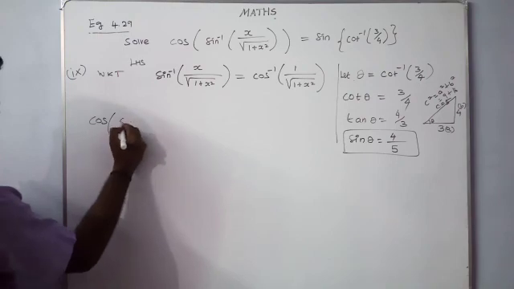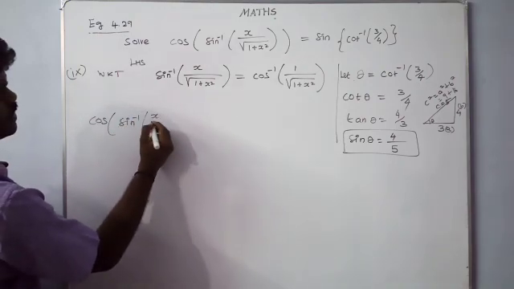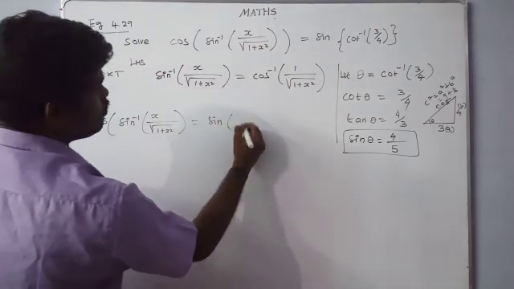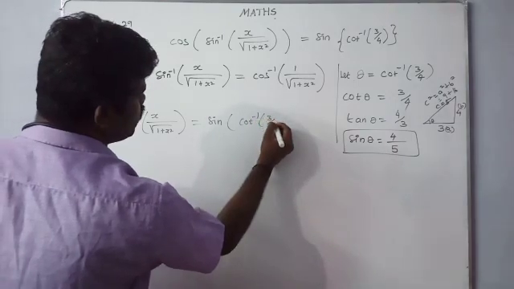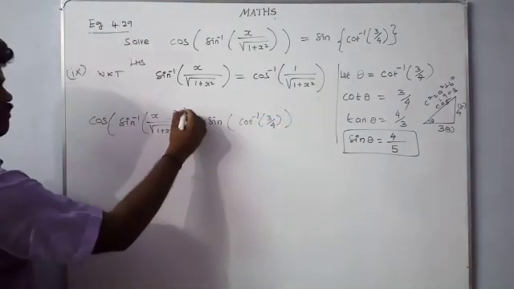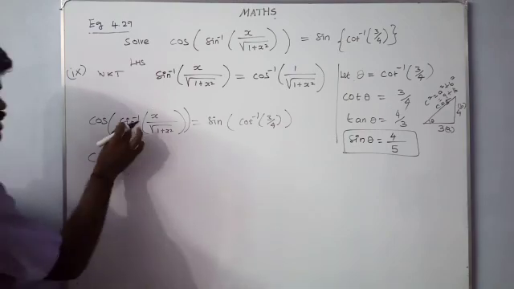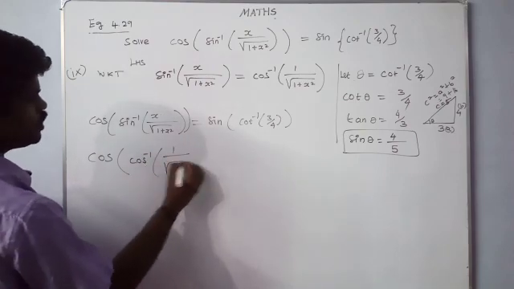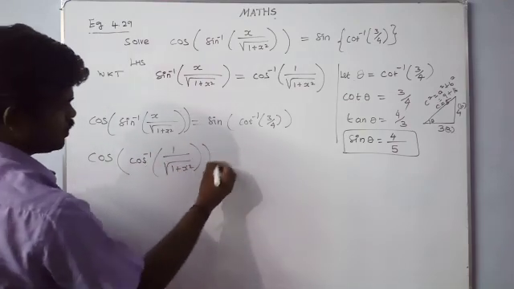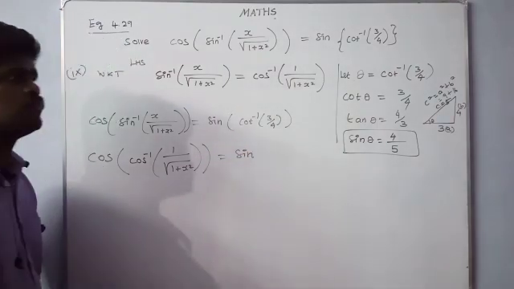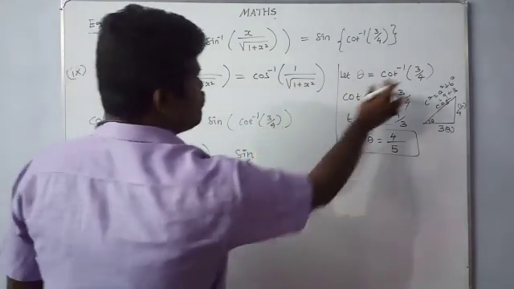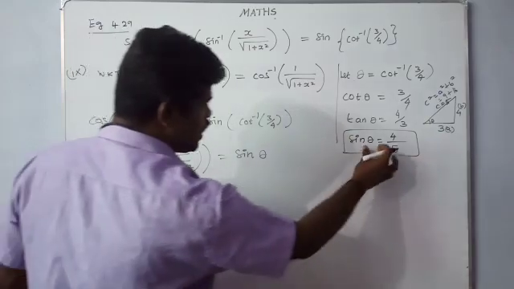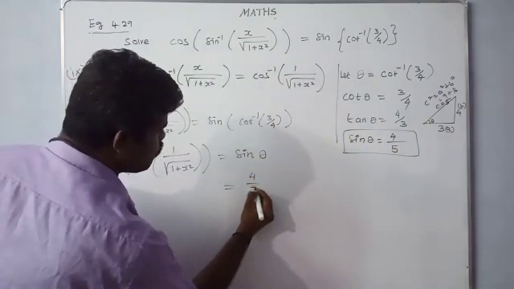Now we apply the sum. Cos of sin inverse of x divided by root of 1 plus x squared is equal to sin of cot inverse of 3 by 4. Now cos of the sin inverse value can be written as cos of cos inverse of 1 by root of 1 plus x squared, which is equal to sin of cot inverse 3 by 4, which can be written as sin theta, and the sin theta value is 4 by 5.